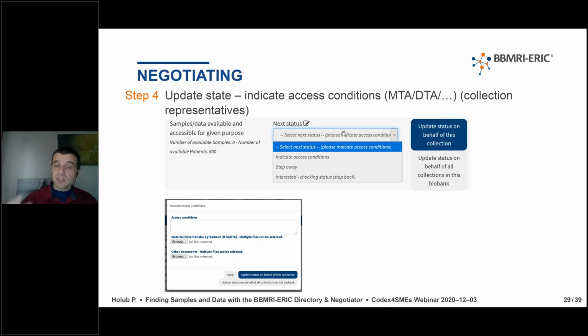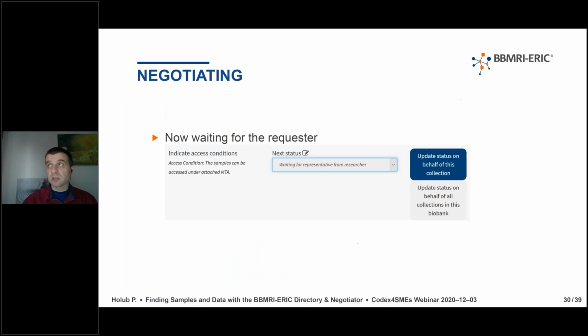They should indicate the access conditions. So if they choose it here, they can provide the access conditions in plain text, or they can upload it as an MTA or other document templates or ready-made documents here, and update the status. And this shows up for the requester, for the researcher, as PDFs or Word documents that are available for further editing and finishing on their side.